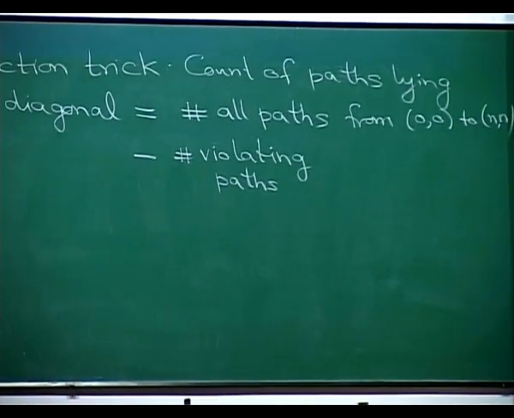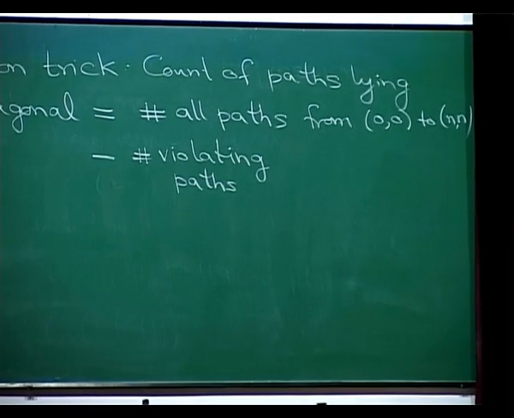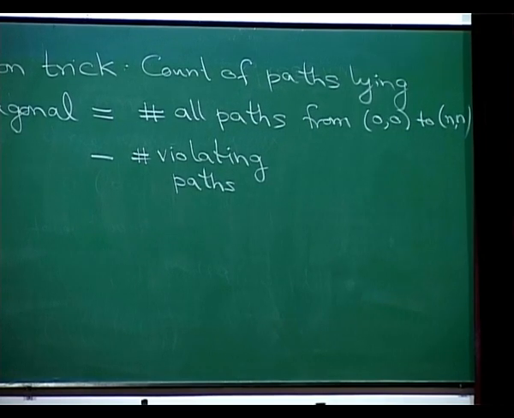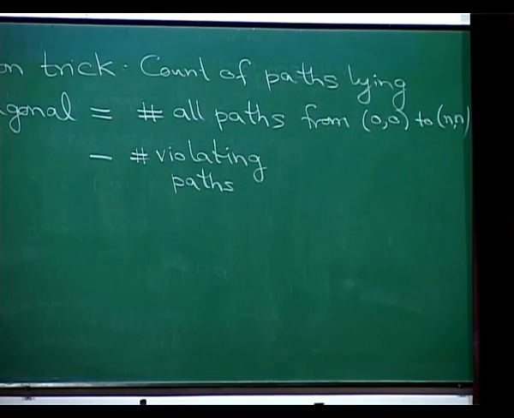That count we know. We know the number of paths from 0, 0 to n, n, all paths which go only up or right. We know how to do that. That number is exactly 2n choose n. This part is fine. So all we have to do is to show that the number of paths that violate that condition is 2n choose n minus 1.